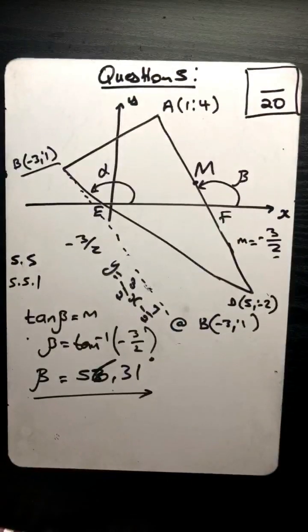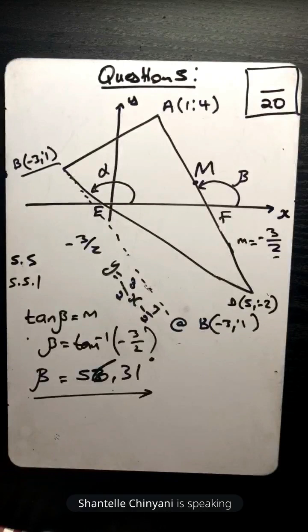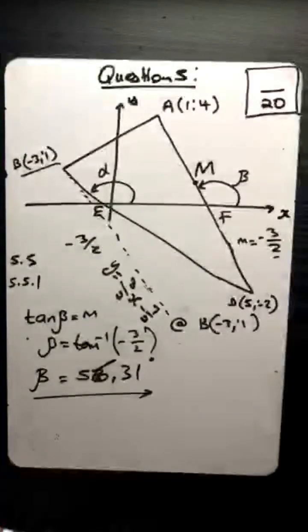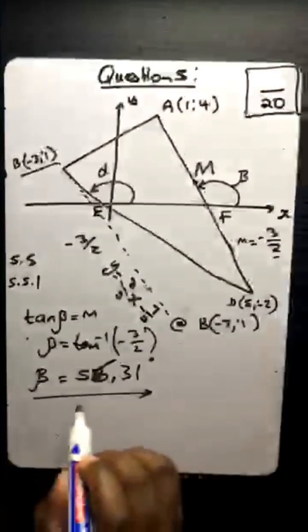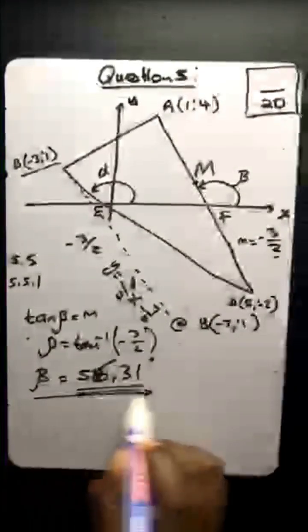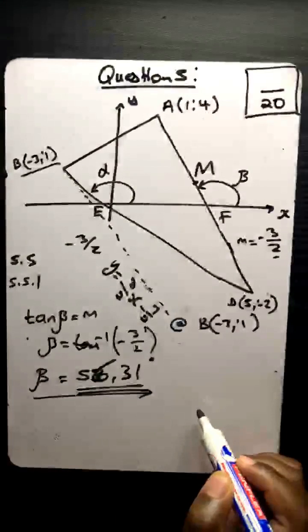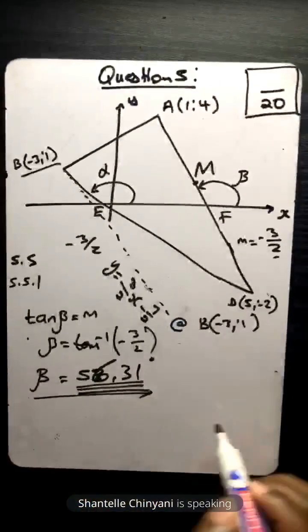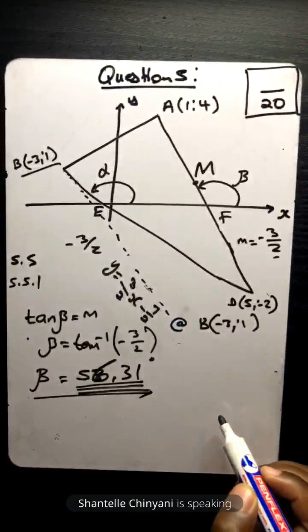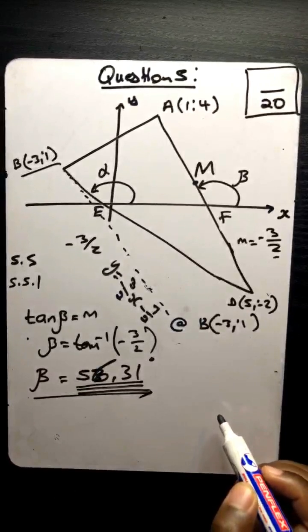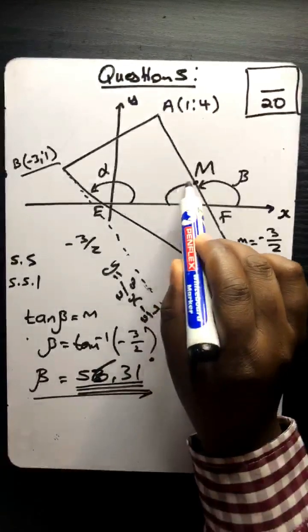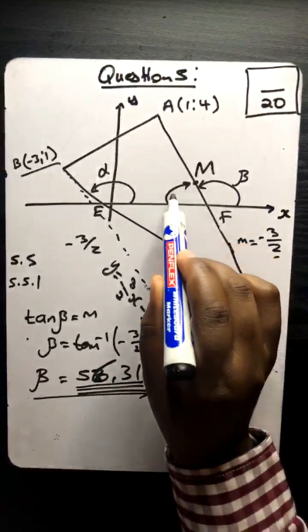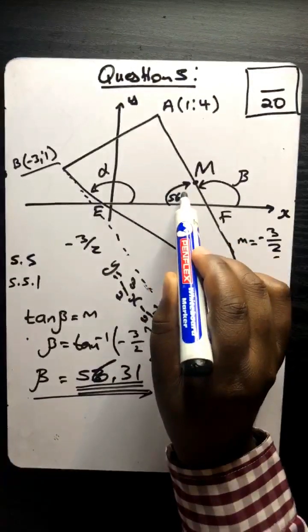Honorable members. Yes, I also got that, sir. Okay, 100%. But remember, this is not beta. This is the angle of inclination. Yes, 180 minus that. So this angle is actually that one. So be careful of that. Remember, you guys submitted.